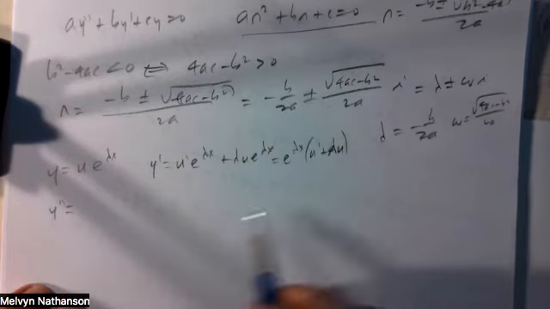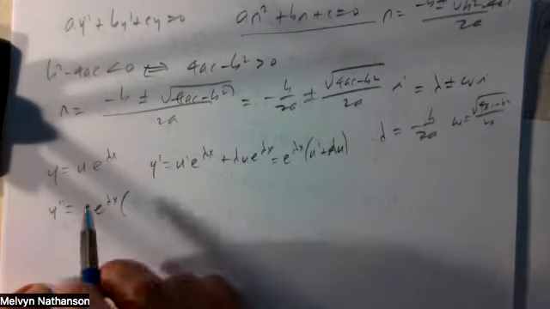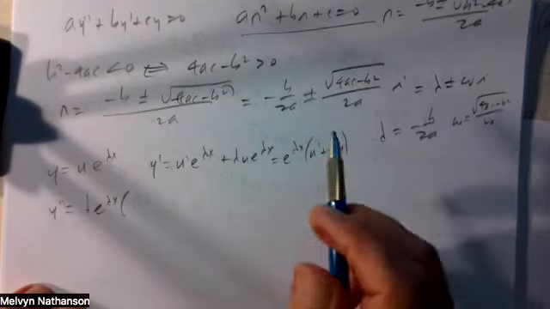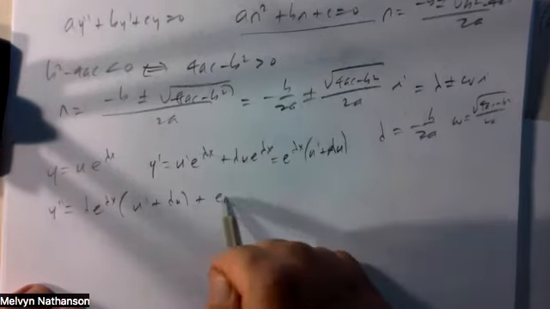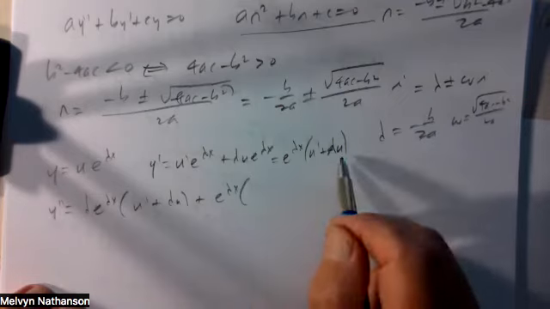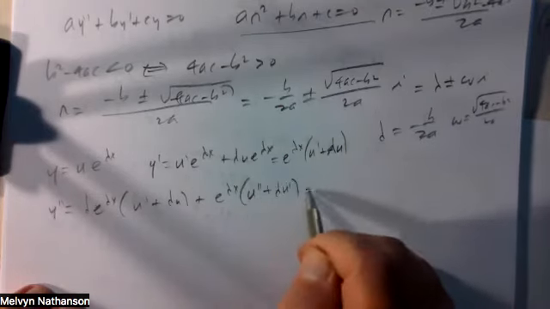And y double prime is e to the lambda x times lambda u prime plus lambda u, plus e to the lambda x times the derivative of this, u double prime plus lambda u prime.